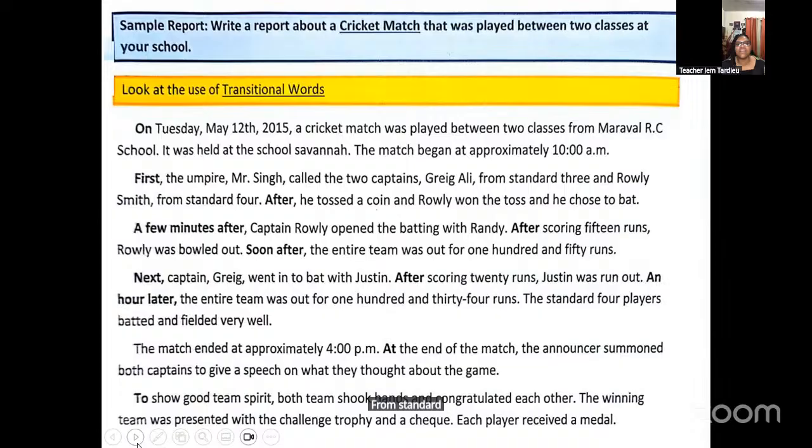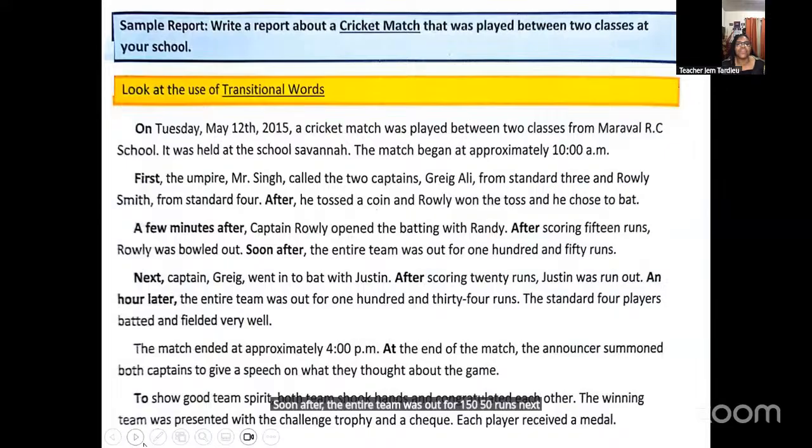After he tossed the coin, Rowley won the toss and chose to bat. A few minutes after, Captain Rowley opened the batting with Randy. After scoring 15 runs, Rowley was bowled out. Soon after, the entire team was out for 150 runs.